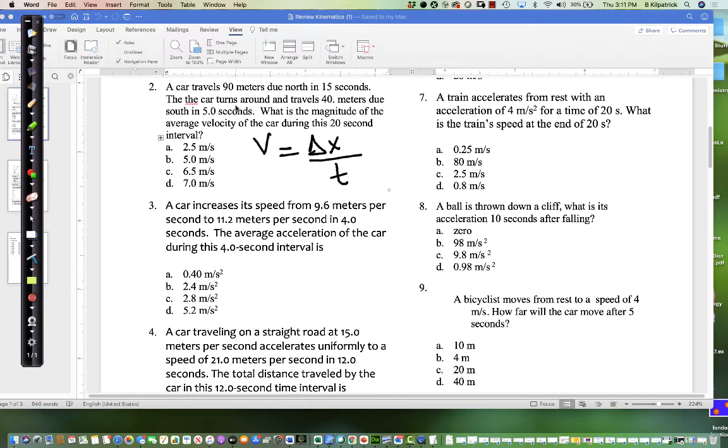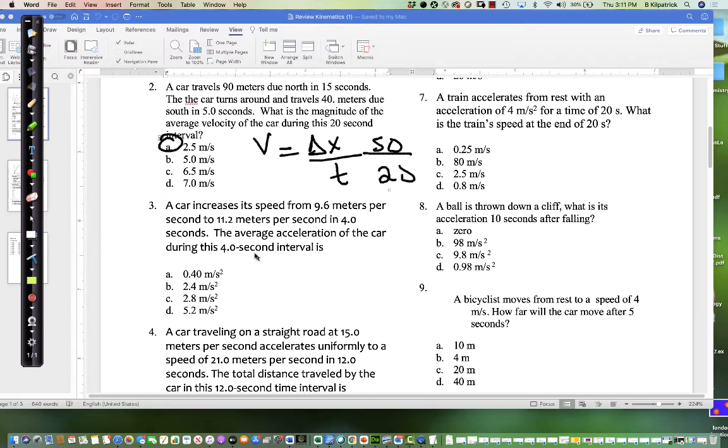We go 90 meters north and we go the opposite direction 40 meters, which means that our total displacement should be 50, divided by our total time that's passed, which should be what? 20 seconds, because it was 15 seconds and then 5 seconds. So 50 divided by 20 is going to give you a velocity of 2.5.